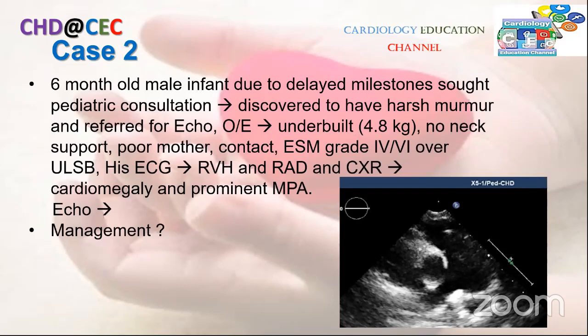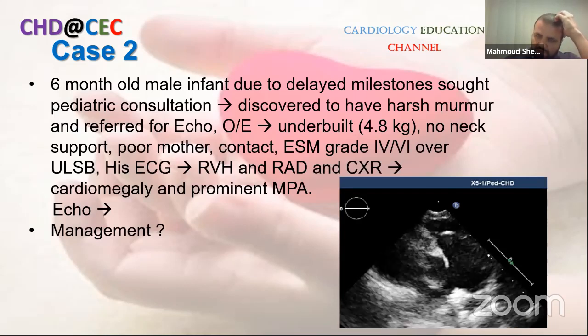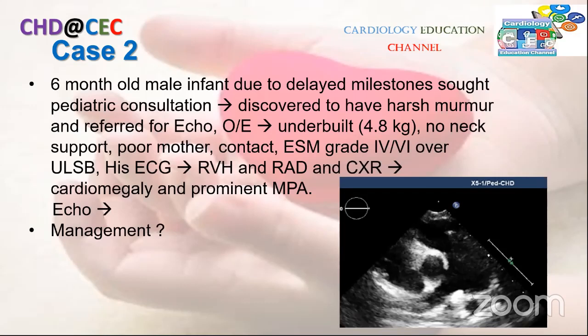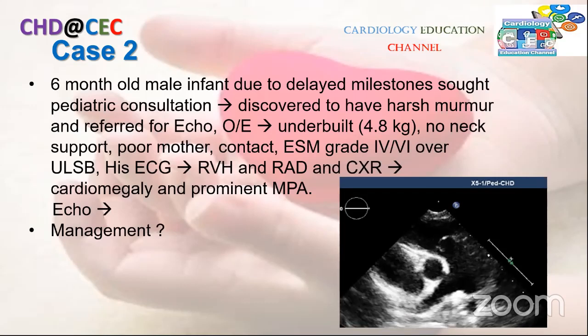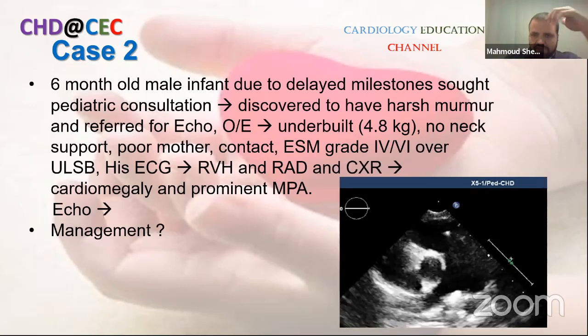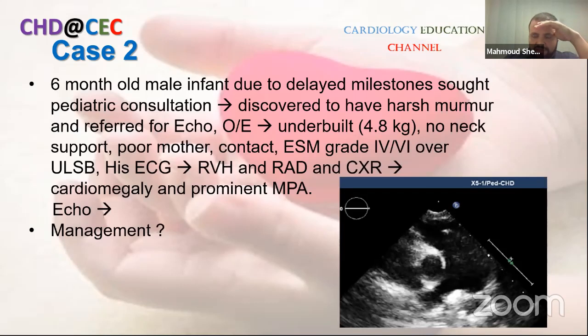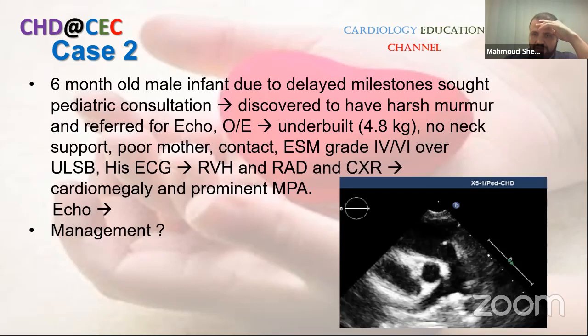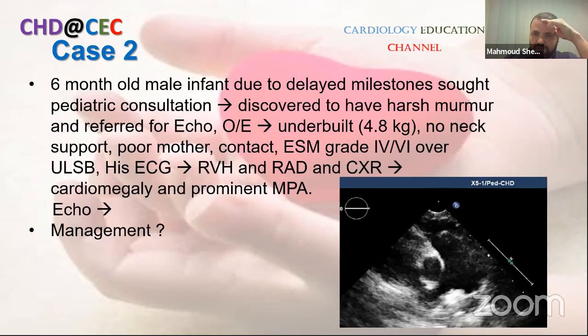Okay. So initially from the echo, as we mentioned before, if you're planning for intervention, you would like to get more data than the gradient. From this image, you can get the measurements of the pulmonary valve annulus and the systolic frame with the doming of the valve.